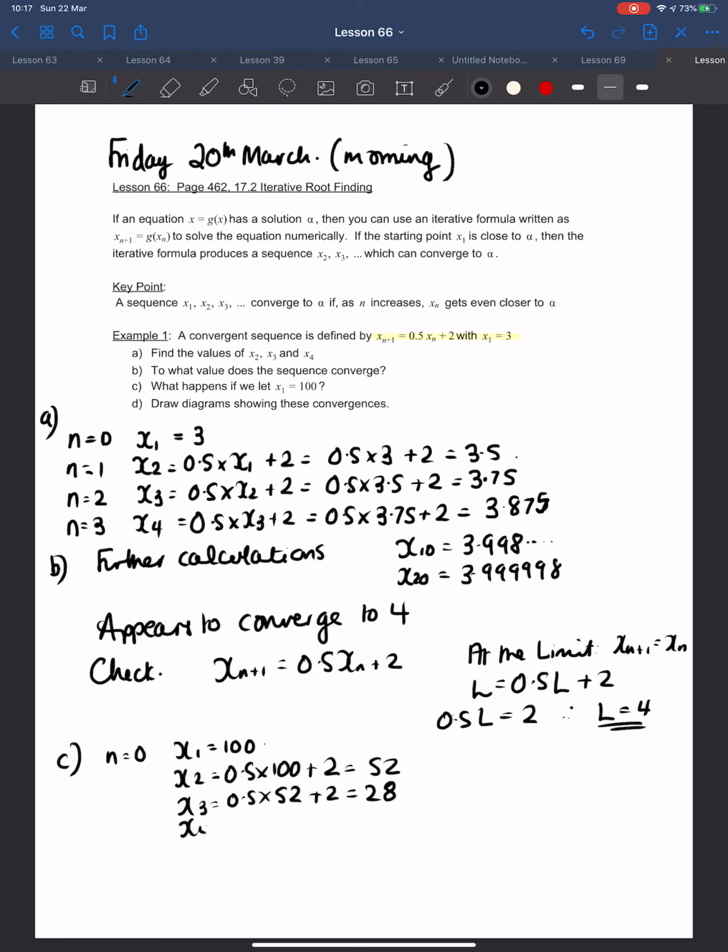The next one, x4, 0.5 times 28 plus 2, so that's 14 plus 2 is 16, etc.